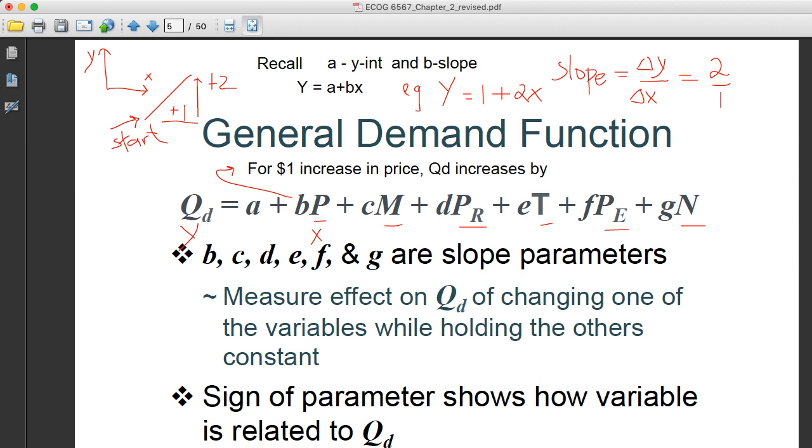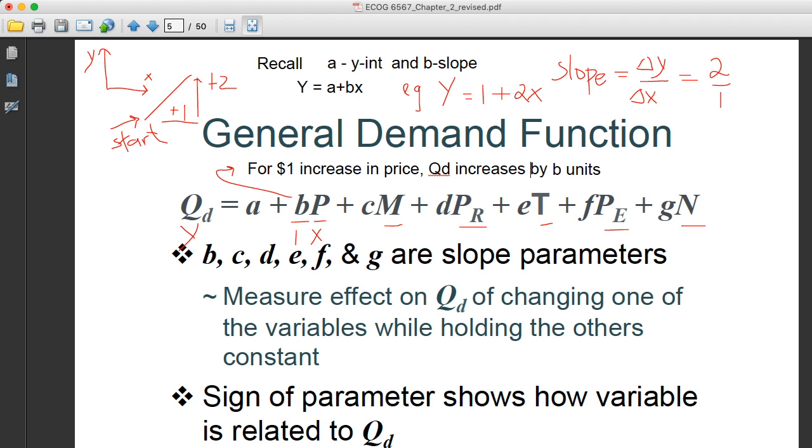So you start, it's B, you imagine it's B over 1. And you say for a 1 unit increase in X, which is the P, so in price, QD, which is the Y, increases by B. Okay, so take that as your standard definition.